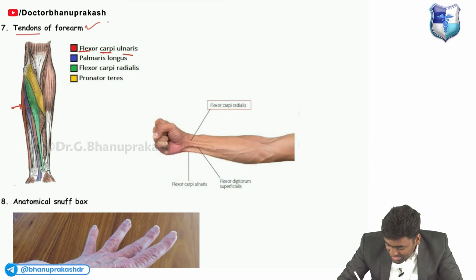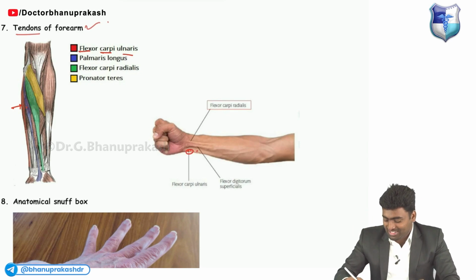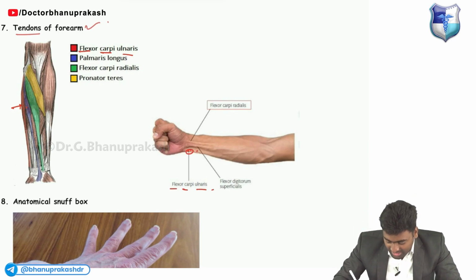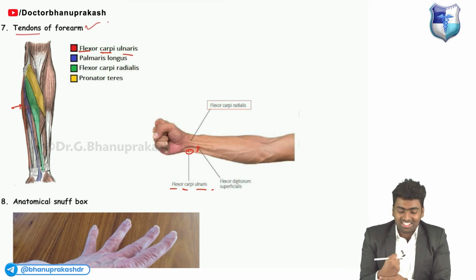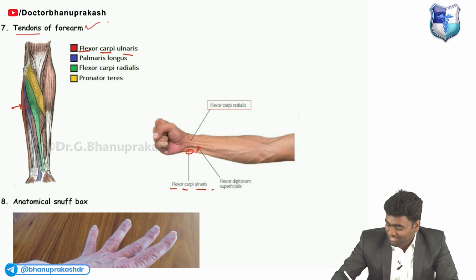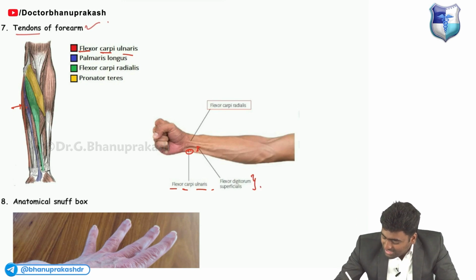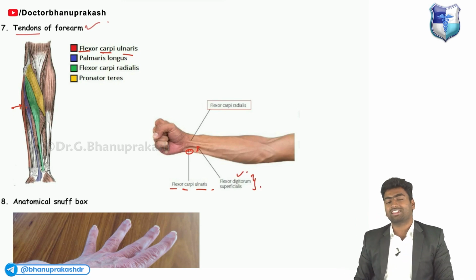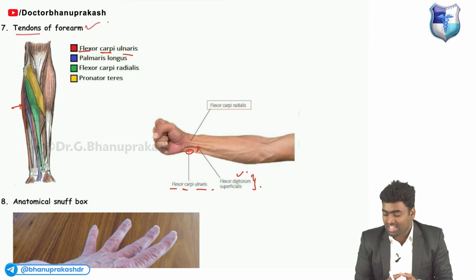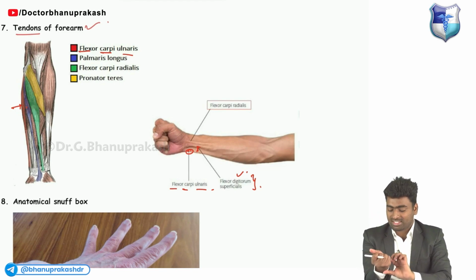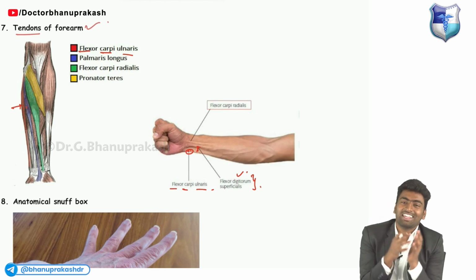Then next, the superficial tendon is the flexor digitorum superficialis. We have two flexor tendons, flexor digitorum superficialis and flexor digitorum profundus, and the flexor digitorum superficialis will be seen superficially because it is superficial.